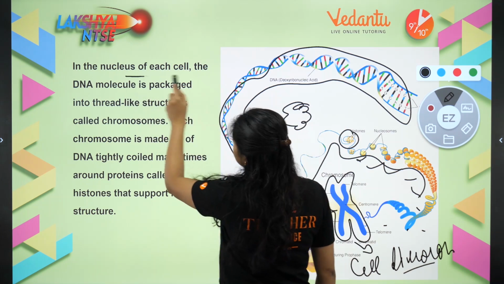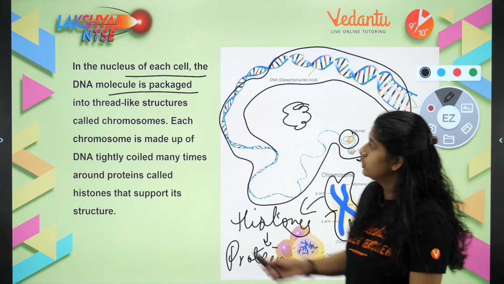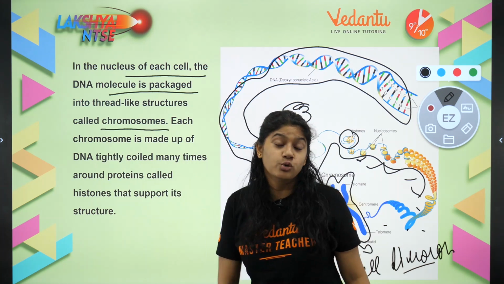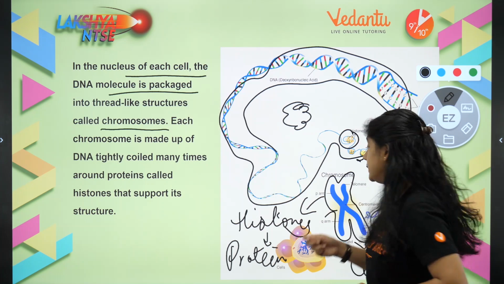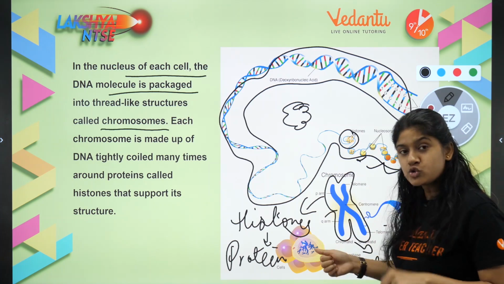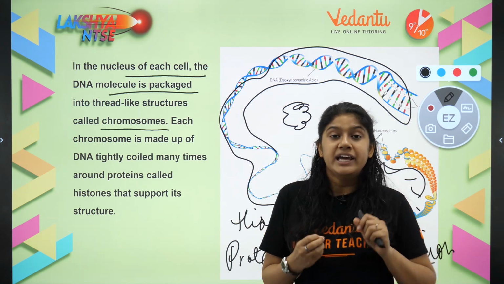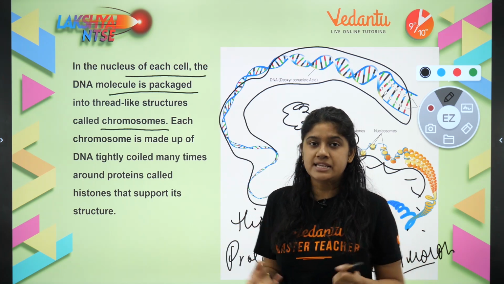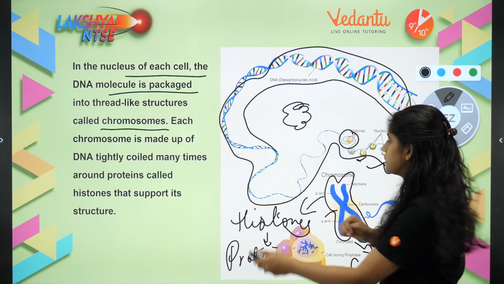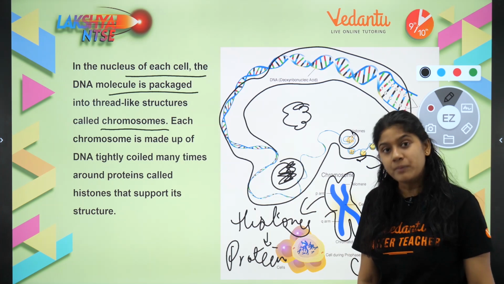We know that in the nucleus, each cell's DNA molecule is packed in a thread-like structure called a chromosome. The complicated structure that we can see through the microscope is the chromosome, and this chromosome usually appears only and only during cell division. If cell division is not happening, this chromosome will untangle itself and form thread-like structures like this, which are called chromatin.